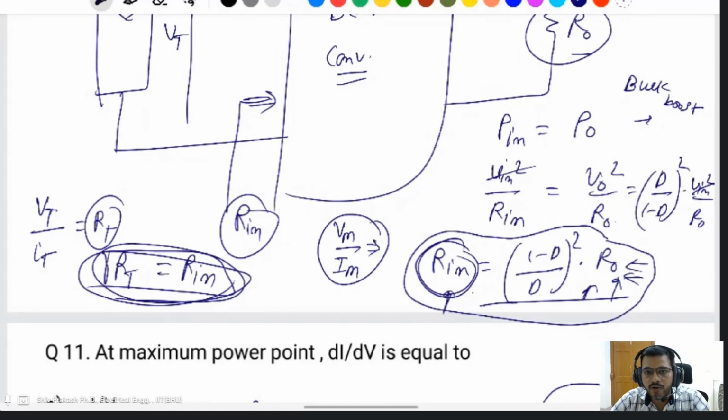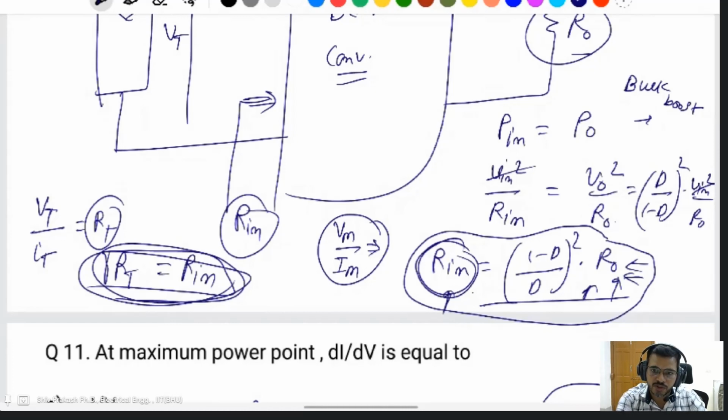In modern days, we use a microcontroller like FPGA or Arduino, also STM microcontroller, DSP board, many types of microcontrollers there, to code the algorithm, because at every point it will change.